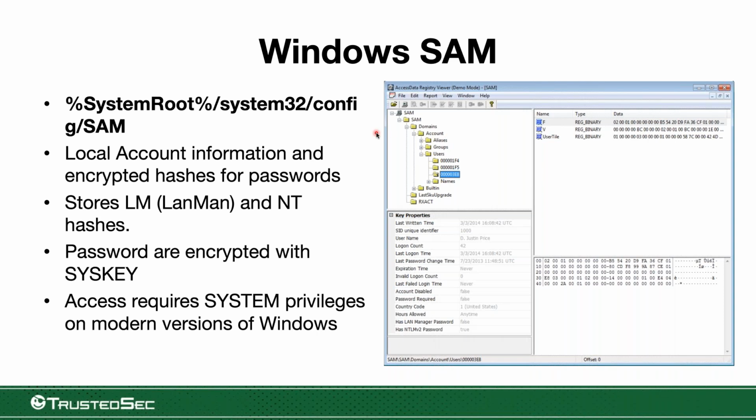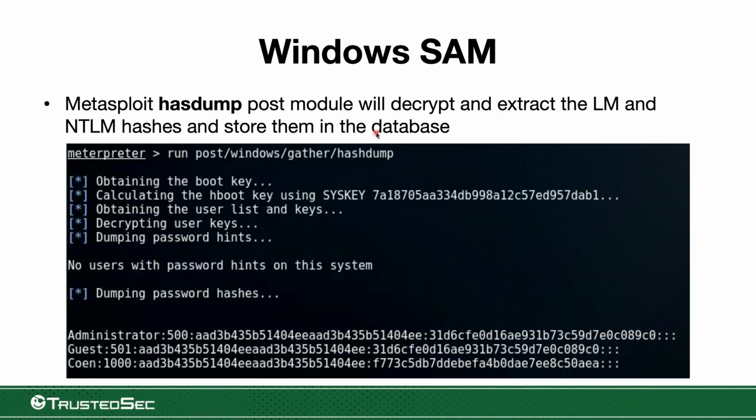But once we have access, we're able to use other tools like hashdump from Meterpreter to actually get this. Now here you can see it's obtaining the boot key. From the boot key, calculating the SysKey, which is the key that I mentioned that is used for encrypting the hashes. And once it is able to get those keys to decrypt, it will just go in, read the keys, decrypt those, and then just give you the LM hash and the NT hash.